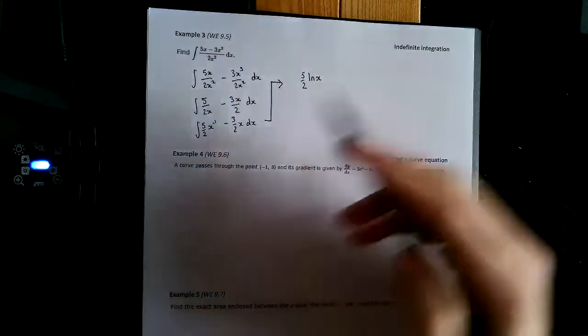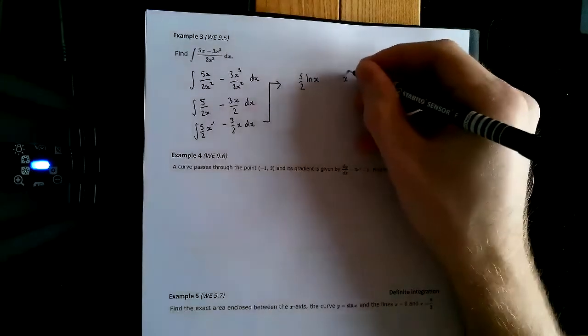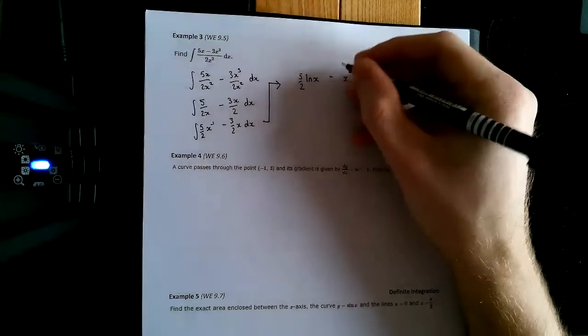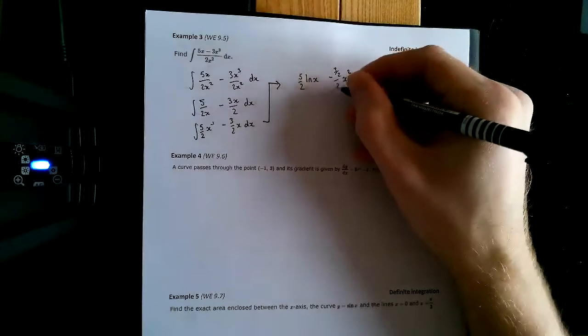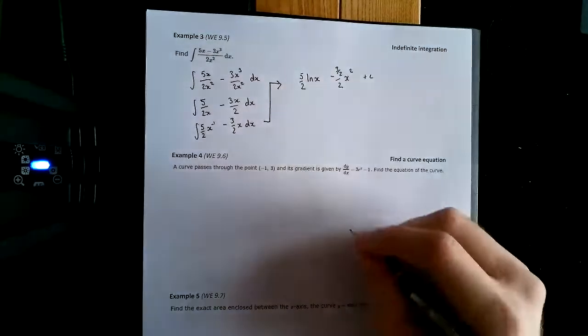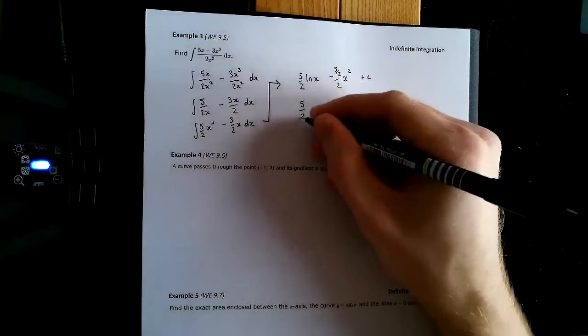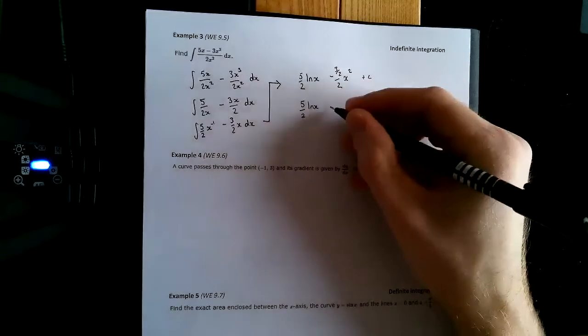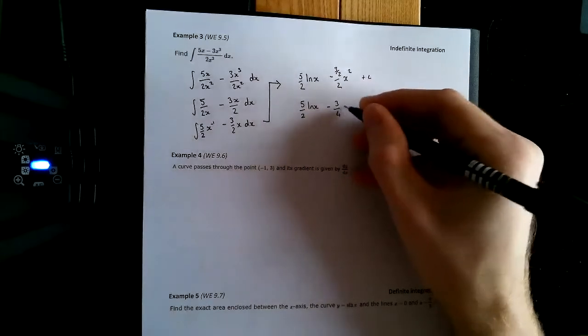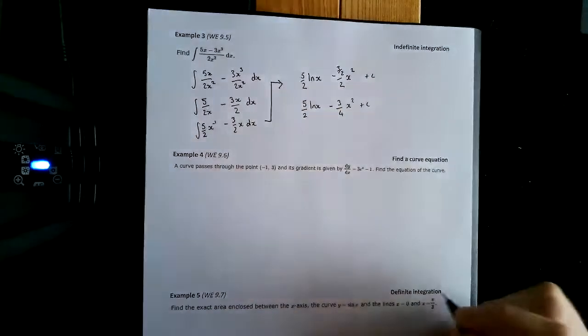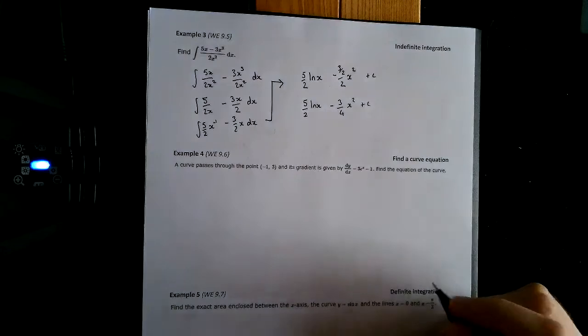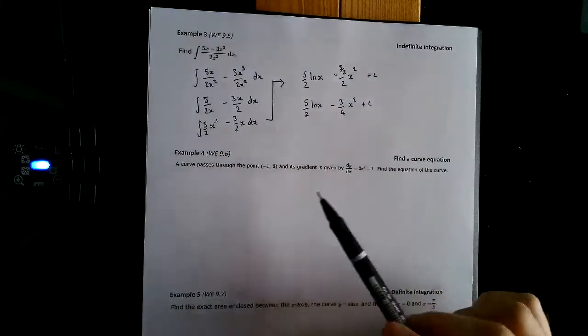Now that's an old one, so I can add 1 to the power and then divide by the new power. So 3 over 2 divided by 2 with plus c. So I get 5 over 2 ln x minus 3 over 4 x squared plus c. Good, no mistakes on that one.